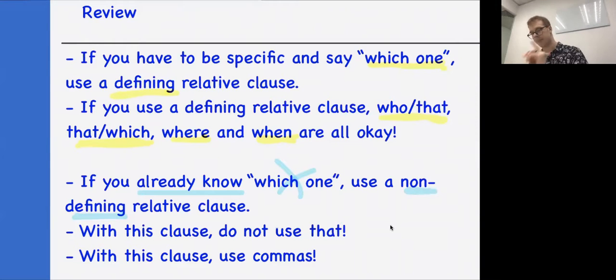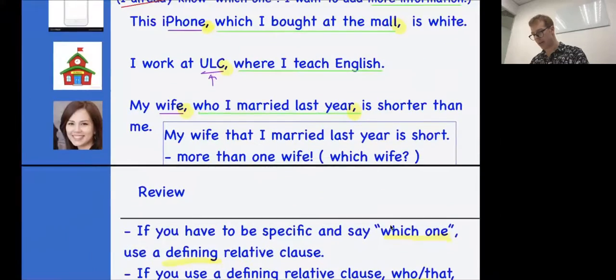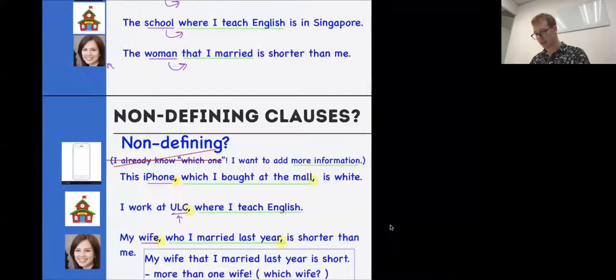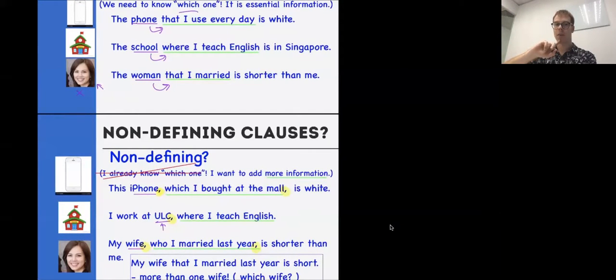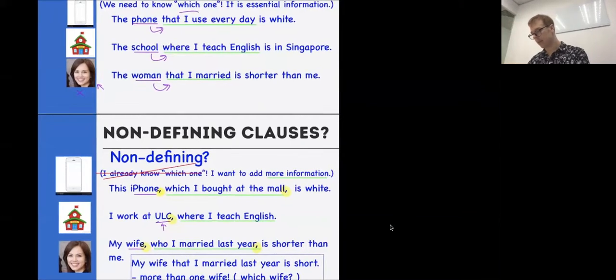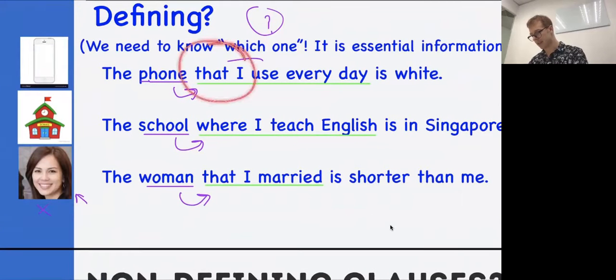For this one, right, there's another special rule, right? Just like in my sentences. Did you notice that as well? You see the top part, I say the phone that I use every day. Or the woman, I say the woman that I married. If we're up here, we're allowed to use that.